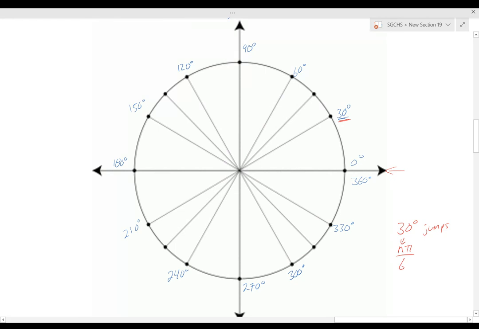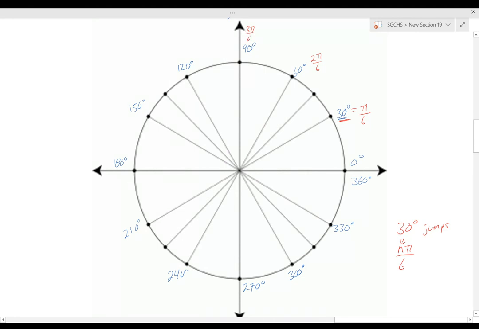So, of course, we would start off at 0 radians right here. Our first jump is pi over 6 because it's simply 1 pi over 6. Our second jump, we still have pi over 6, but now we made 2 jumps, so 2 pi over 6. And our top one here, now we're at 3 pi over 6.